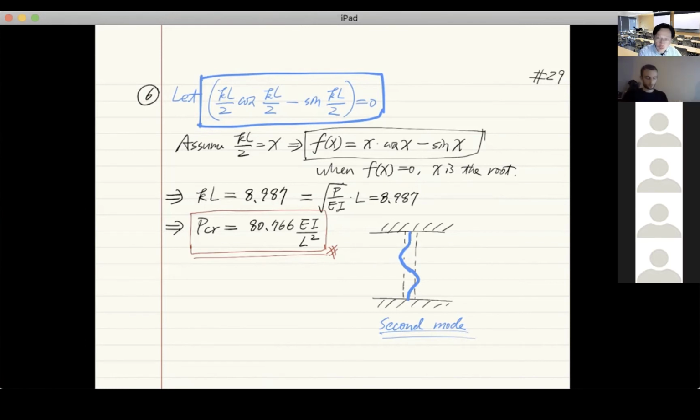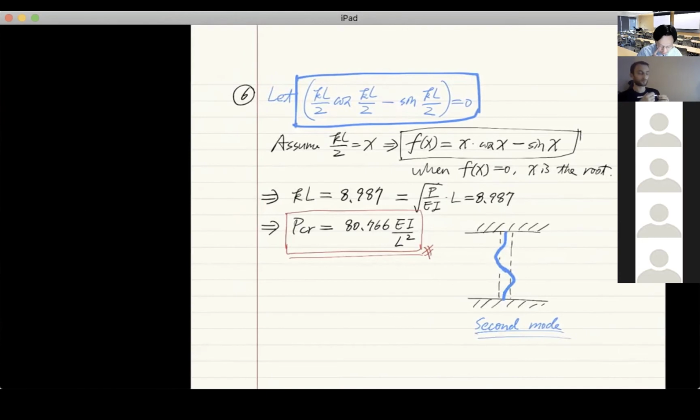Of course, which mode is likely to happen? The first mode. However, in this problem, remember we had a similar discussion last week.